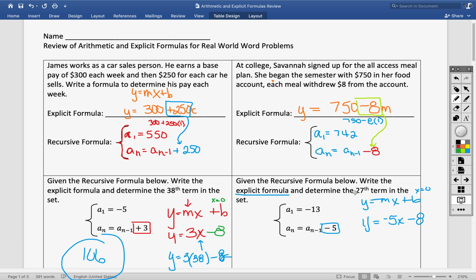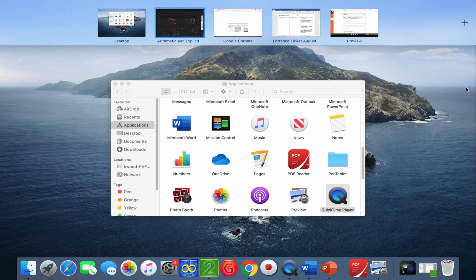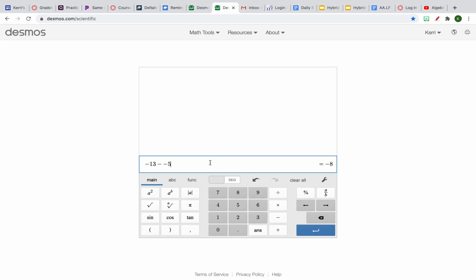So how do you find the 27th term? Well, you're simply going to do negative 5 times 27 minus 8. So you put it into your scientific calculator. Negative 5 times 27 minus 8.